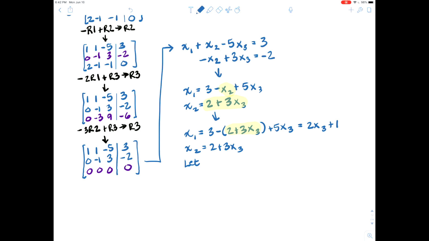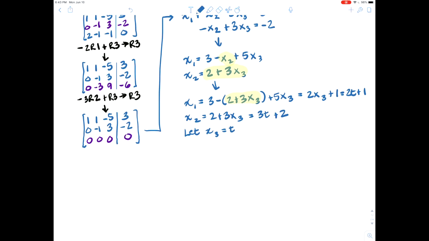So if we let x3 equal to t, what's going to happen? Well, this one here is going to be 2t plus 1. x2 will be, I'll write it as 3t plus 2. And then we'll have our solution.